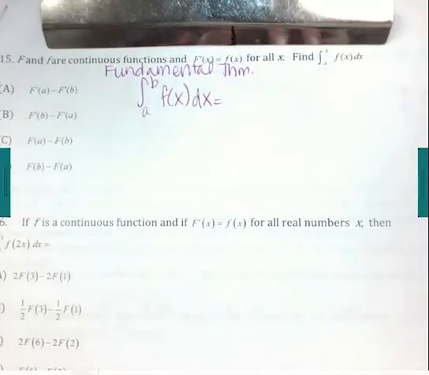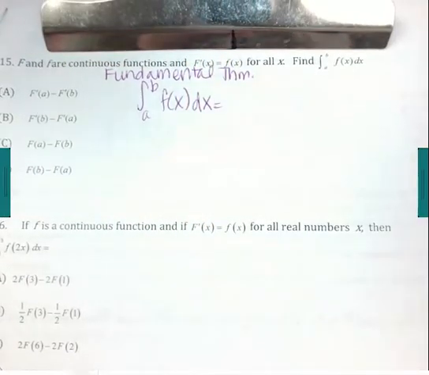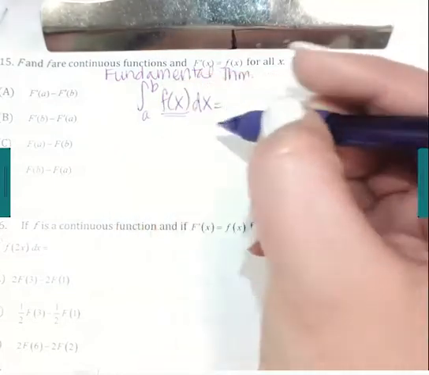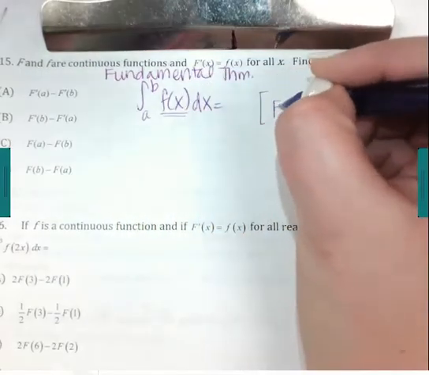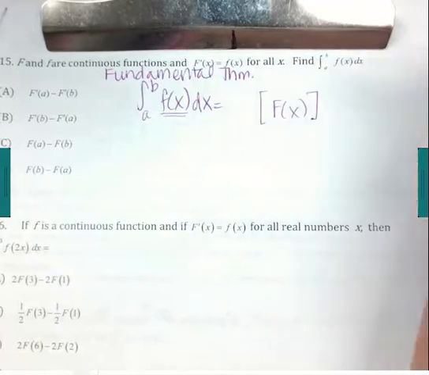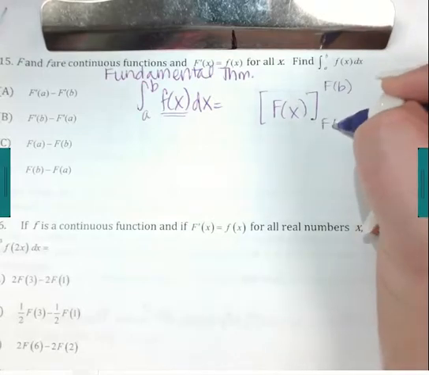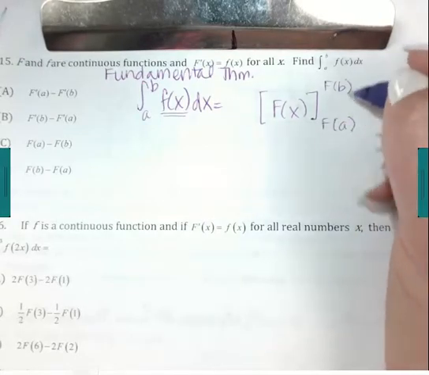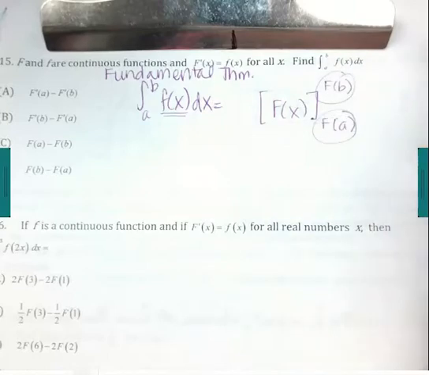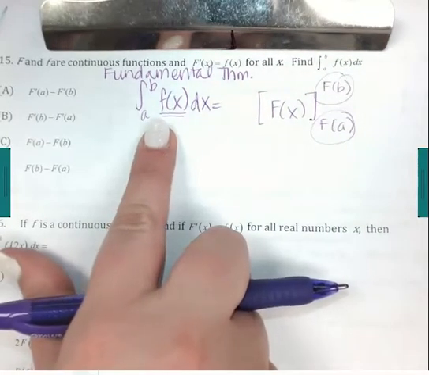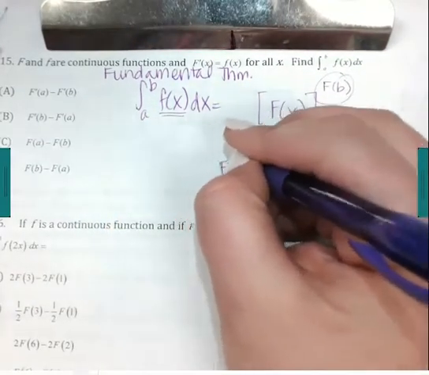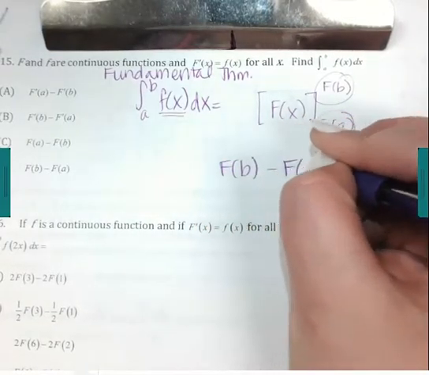It says that if I want to take the integral of little f, I get the antiderivative of f, which is what? The antiderivative of little f is big F of x. And then what do I do with big F of x? I plug in b, I plug in a, and then what do I do with those two when I'm done? Subtract. So the integral a to b should be capital F of b minus capital F of a.